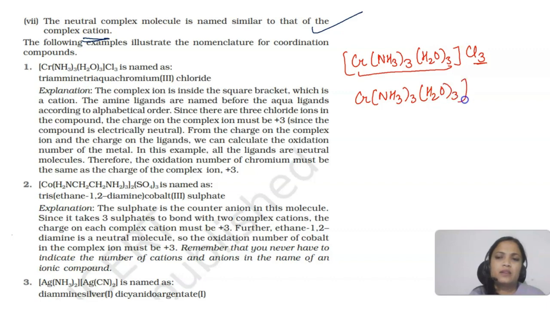Because there are 3 chlorides, each chloride has a -1 charge, so the complex ion has a +3 charge. So from here we can also find the oxidation number of the metal.